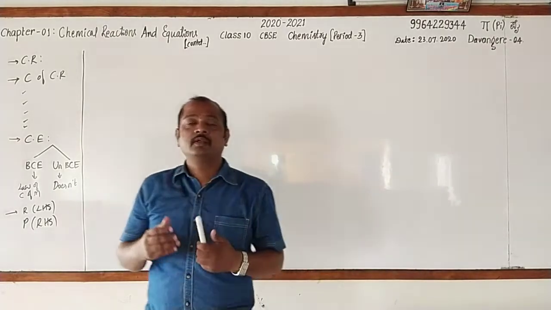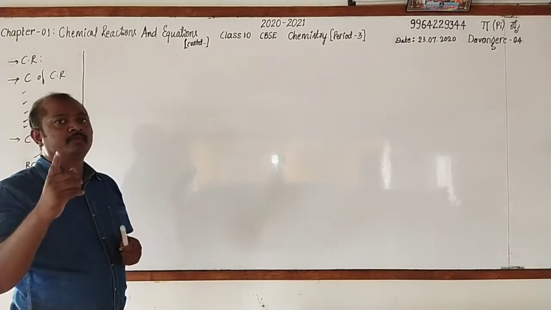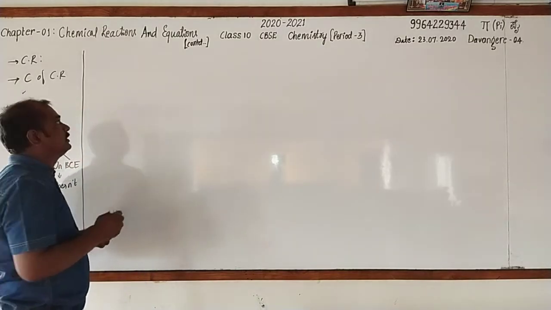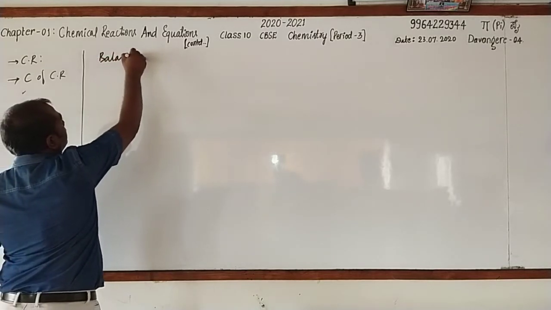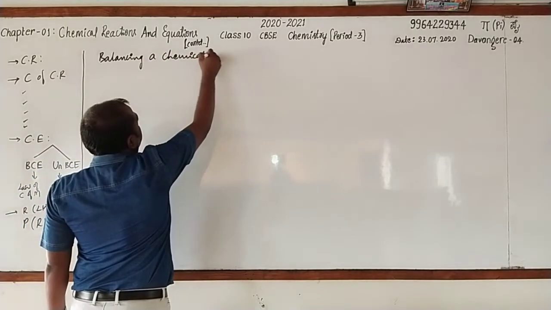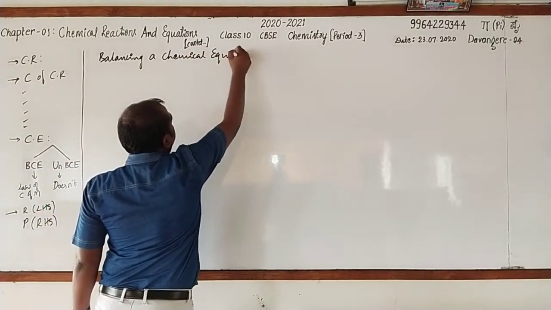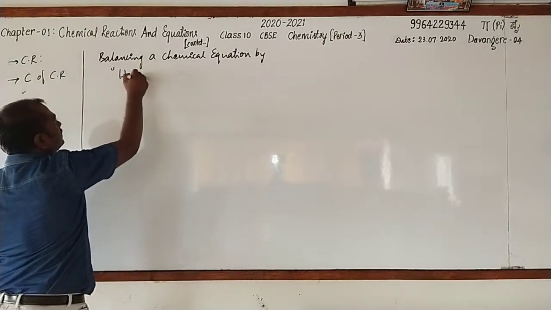Let us go for balancing a chemical equation by hit and trial method. For this, I take a simple example. Here I'll write balancing a chemical equation by which method? Yes, you are right. This is hit and trial method.